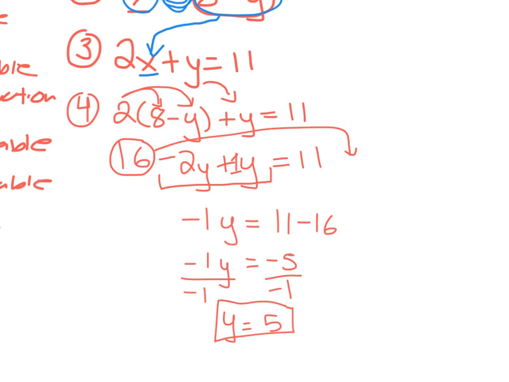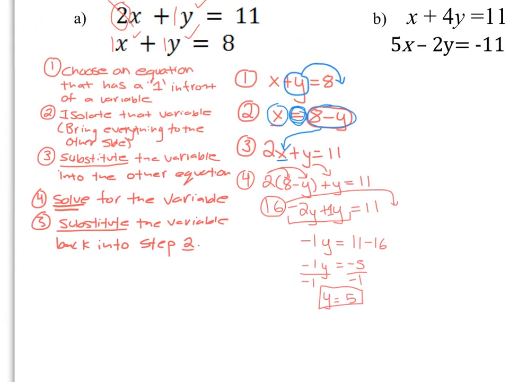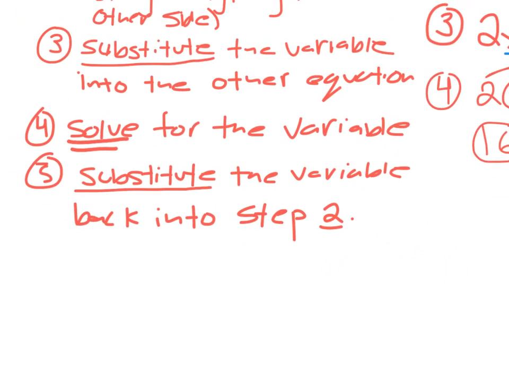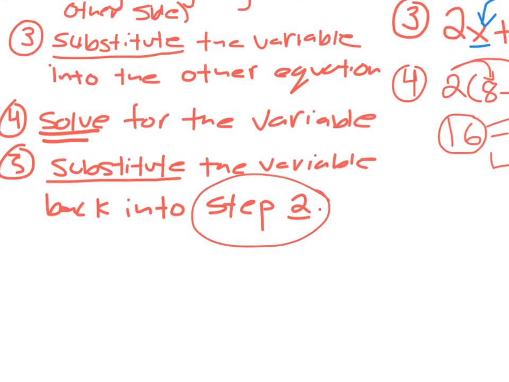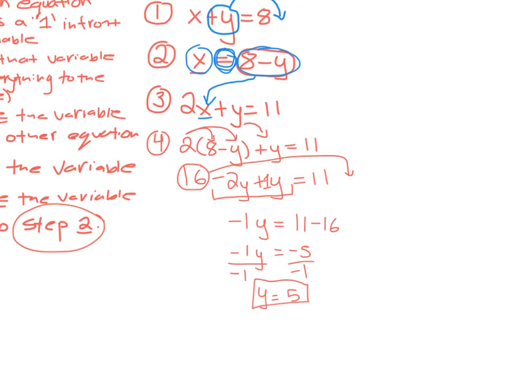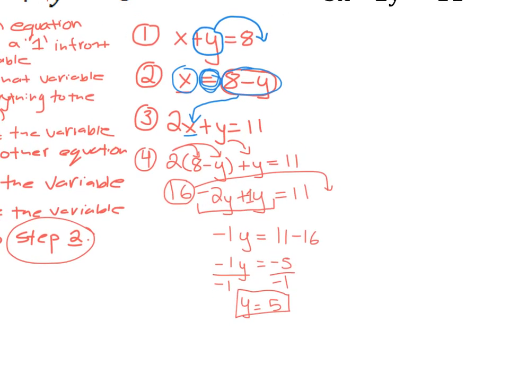So now that we know what our y value is for our point of intersection, step number 5 is telling me to go back to step 2 and to substitute the variable. So let's see what that means. If I go back to step number 2, here's step number 2, it's saying that x is 8 minus y.